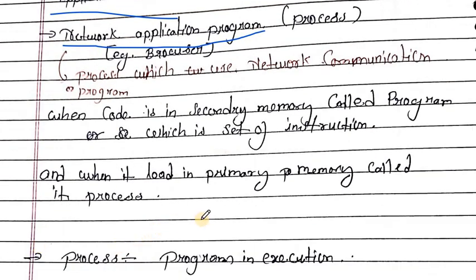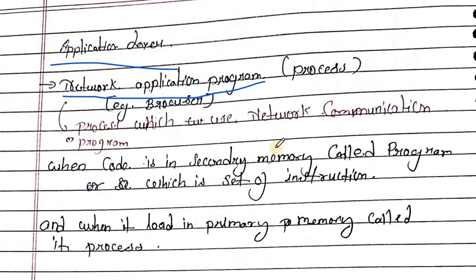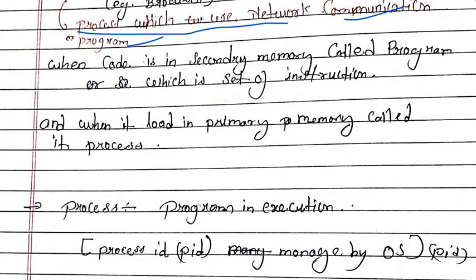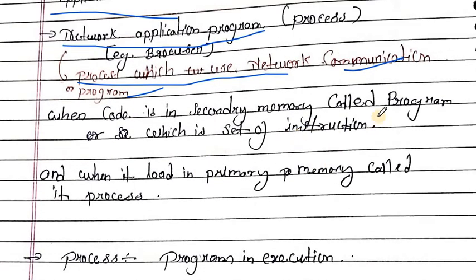Have you understood the difference between a process and a network process? A network process involves network or internet connectivity, meaning communication with other programs. The processes which use network communication are called network application programs. So what do we mean by programs? First, what is the difference between a program and a process?